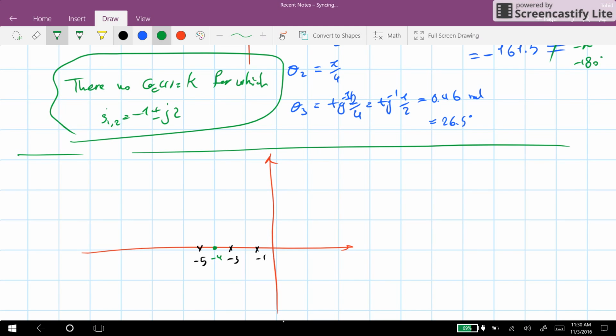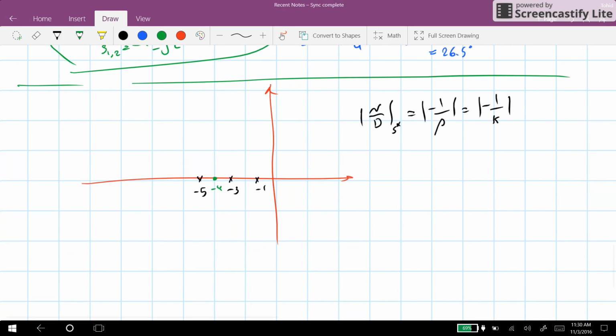To find the value of K, we apply the amplitude of n over d at s star, which is equal to the amplitude of -1 over k. Since n is equal to 1, we will have 1 over the amplitude of d at s star, which can be found by multiplying the distances of the poles from that test point.